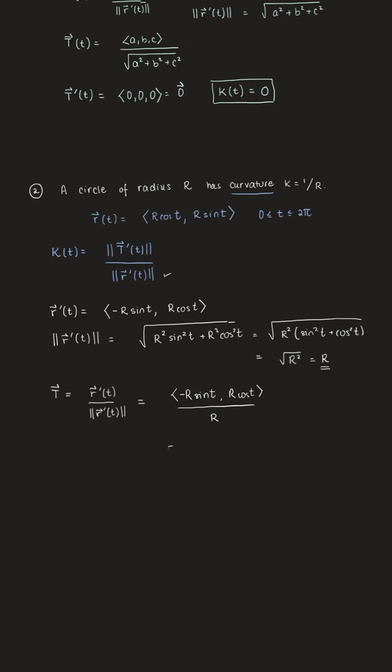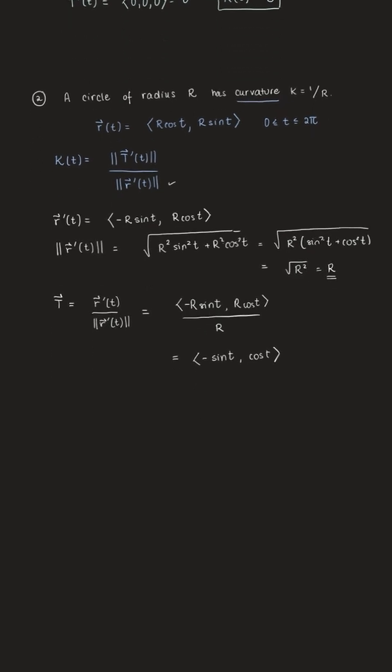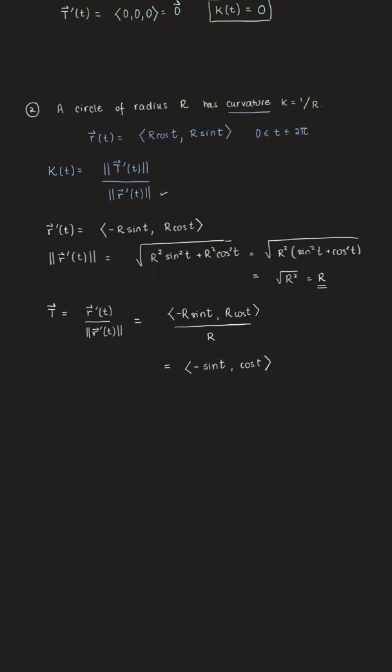And so that gives us negative sine t, cosine t. Now, we're not done. For curvature, we still need the derivative of this: the magnitude of the derivative of our unit tangent vector, divided by the magnitude of r prime, which we already found to be r.